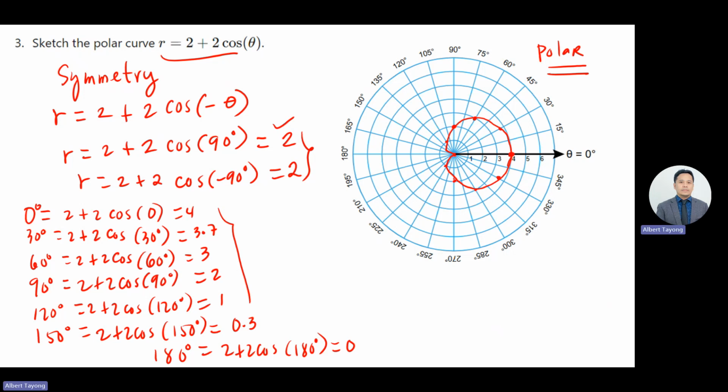So since it is symmetric, we have to follow exactly the values here using the same interval counterclockwise. The first set we have here is actually counterclockwise, and the other one here down is like clockwise. Okay. Well, it's up to you how you're going to do it.